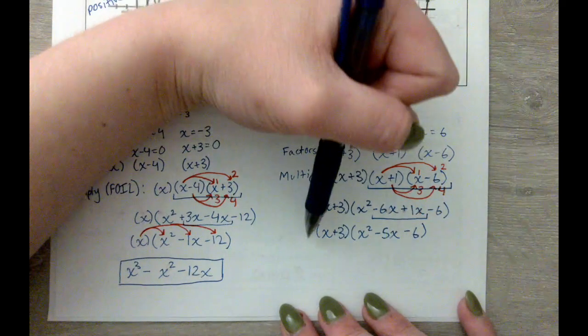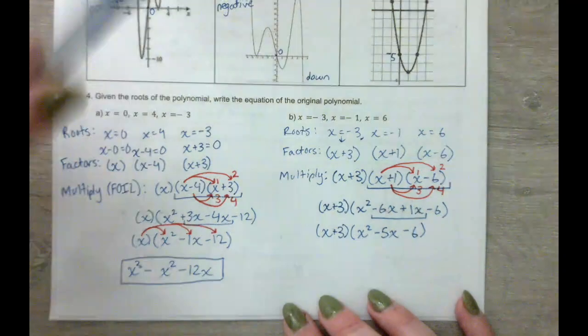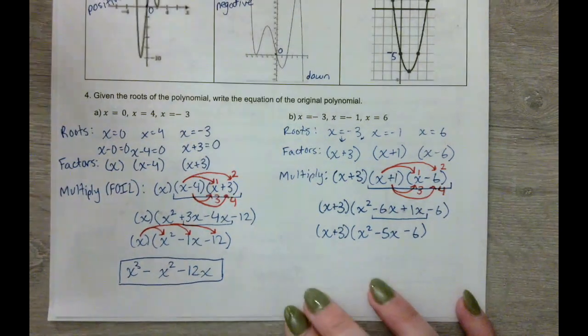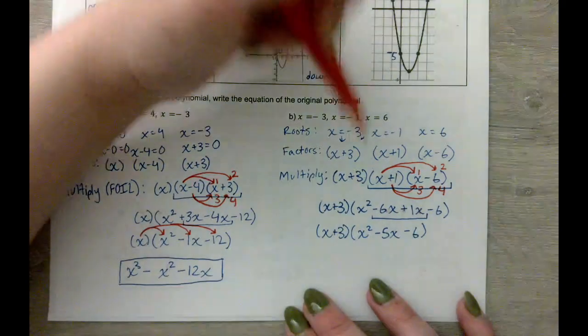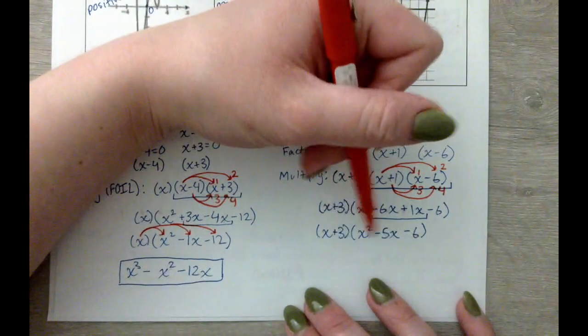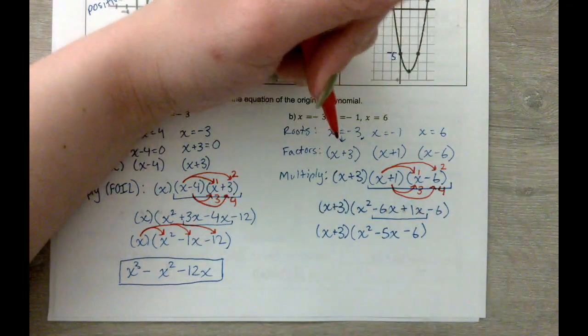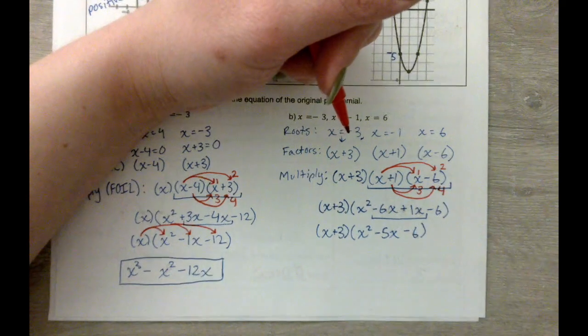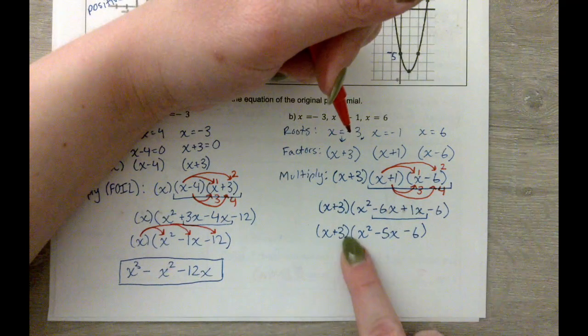Now I'm going to work with the x plus 3. Now a reminder, this is where FOIL kind of falls apart, because FOIL works when you have 2 things each. Now we have 2 things and 3 things, so it's going to be a little different. But the process is still the same. The idea is still the same. Multiply the x through first.